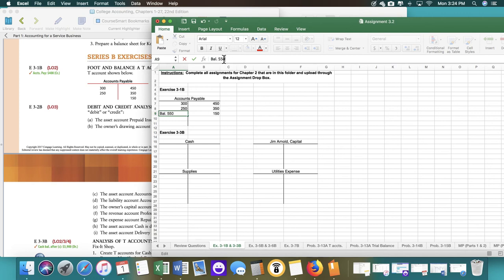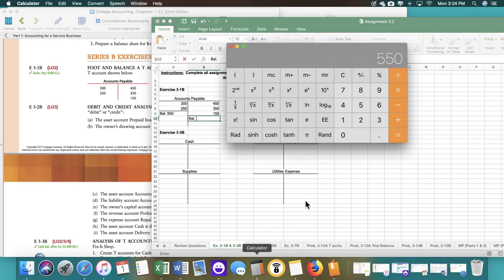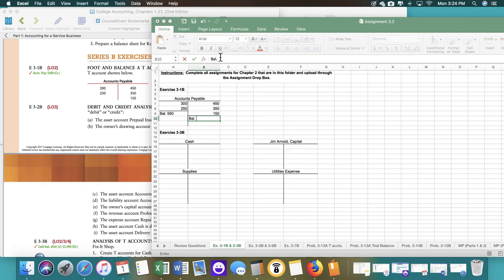And then you're going to do the same thing on the other side. So we have 450 plus 350, which is 800, plus 150, which is 950.